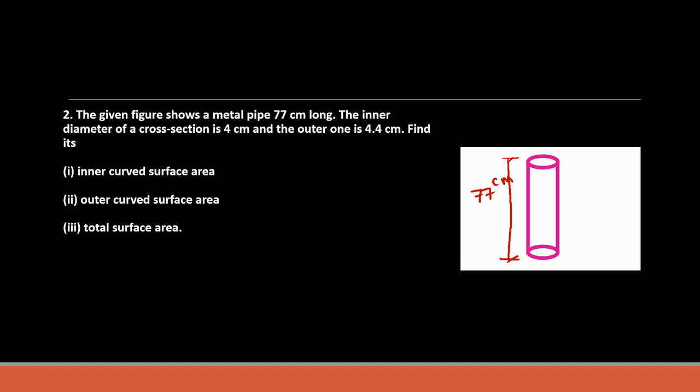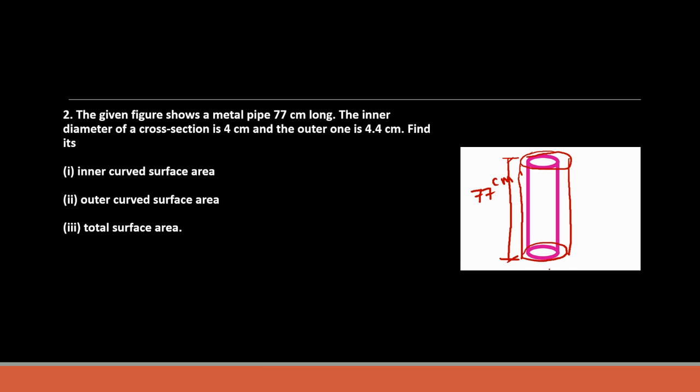The inner diameter of the cross section is 4 centimeter and the outer one is, so this is not shown properly. Let's say this is the inner one, and let's say there is an outer cylinder also. So there is the inner diameter and there is an outer diameter. Let's say there is an outer surface like this for the cylinder.